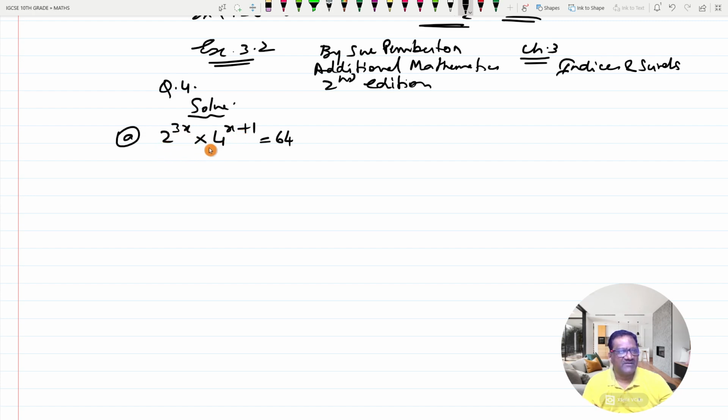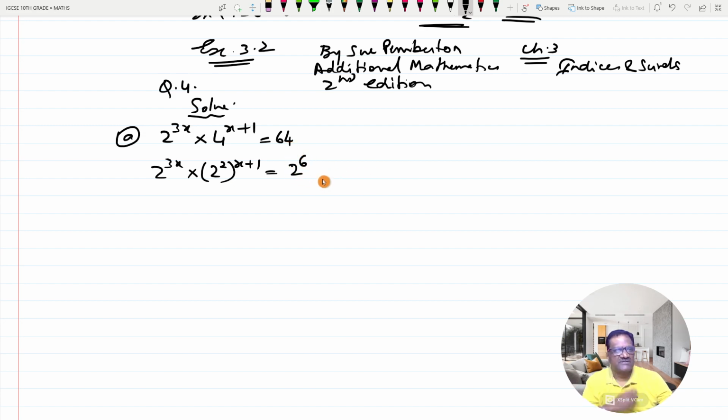First of all, I'll try to make all the bases the same. So this will be 2 raised to 3x as it is. This 4 can be written as 2 raised to 2, and then raised to x plus 1. And 64 I can write as 8 into 8, and 8 into 8 means 2 raised to 3 into 2 raised to 3, that is 2 raised to 6.